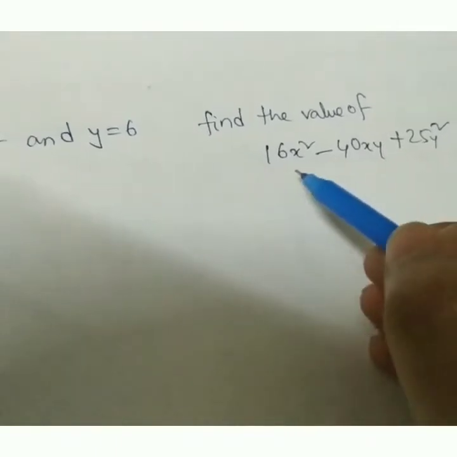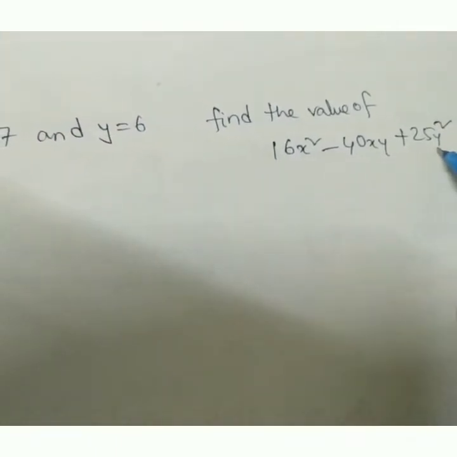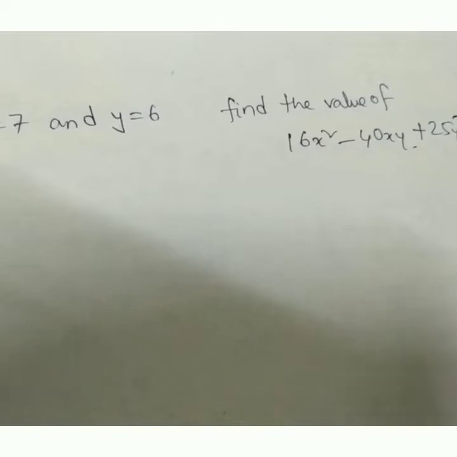So this is my question, 16x square minus 40xy plus 25y square. I need to find the value of this.